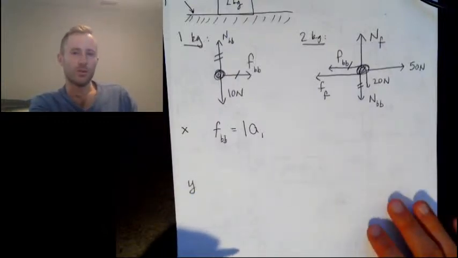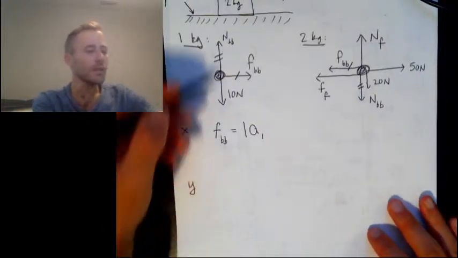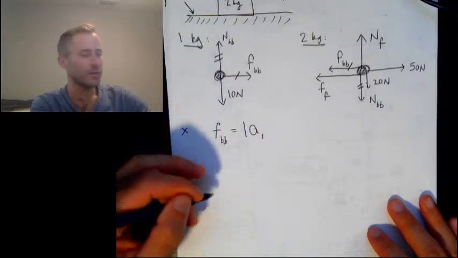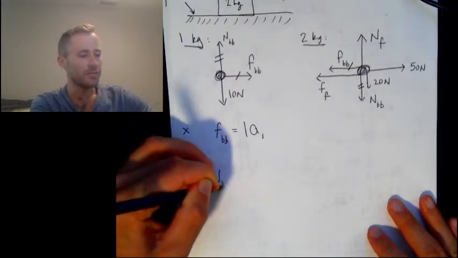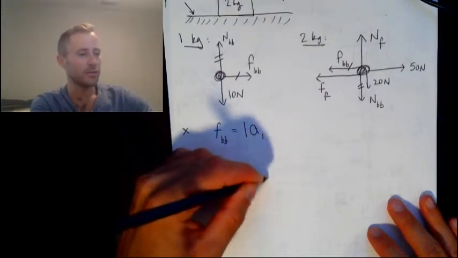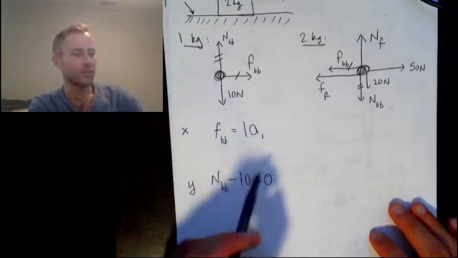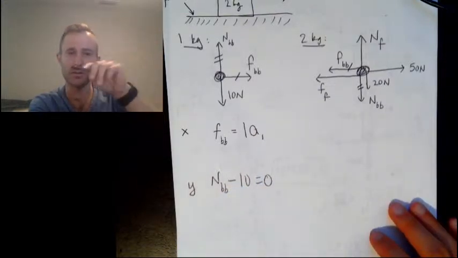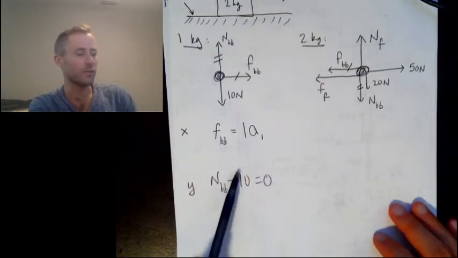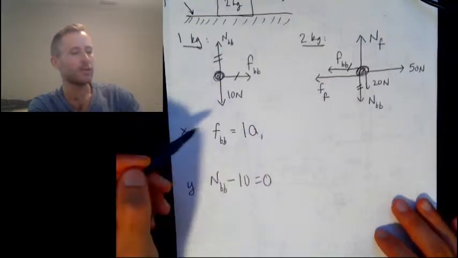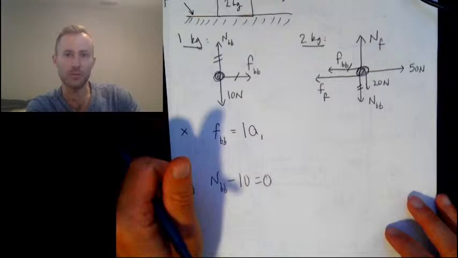In the vertical direction, we have NBB going up and 10 newtons going down, so NBB minus 10 equals 0. Why is that equal to 0? Because the 1 kilogram block is not moving up or down. It's only moving side to side, so the vertical forces must balance to 0. So that's our 1 kilogram block, fairly simple.